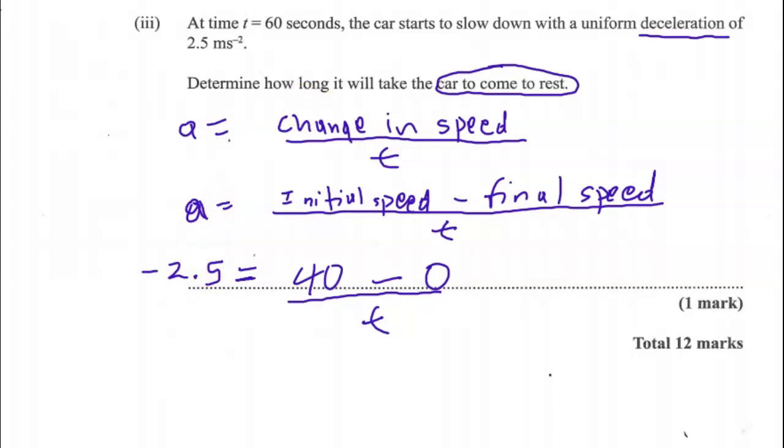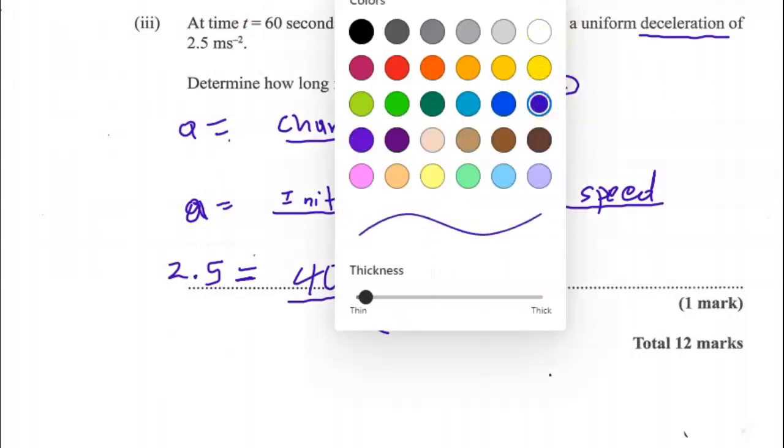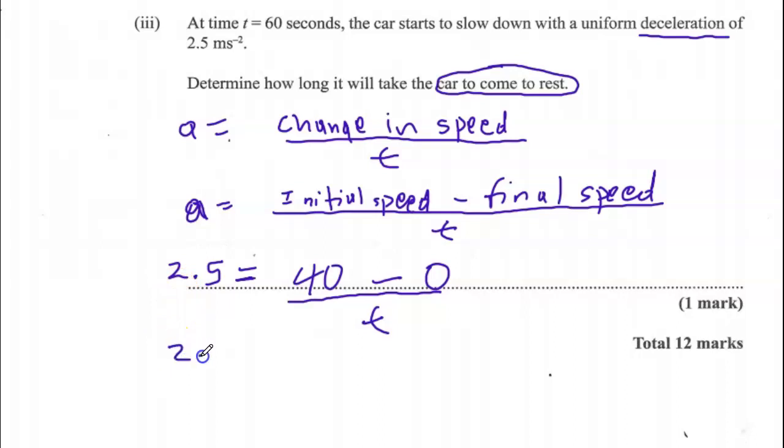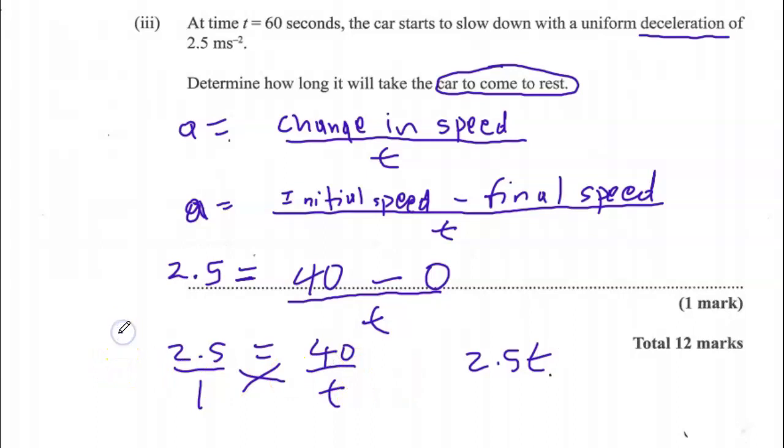All right, I guess we could just use 2.5, just recognizing that it's really a deceleration. So this will be 2.5 equals 40 over t. It's over 1. If I cross multiply, 2.5 times t, or you say multiply both sides by t, right?